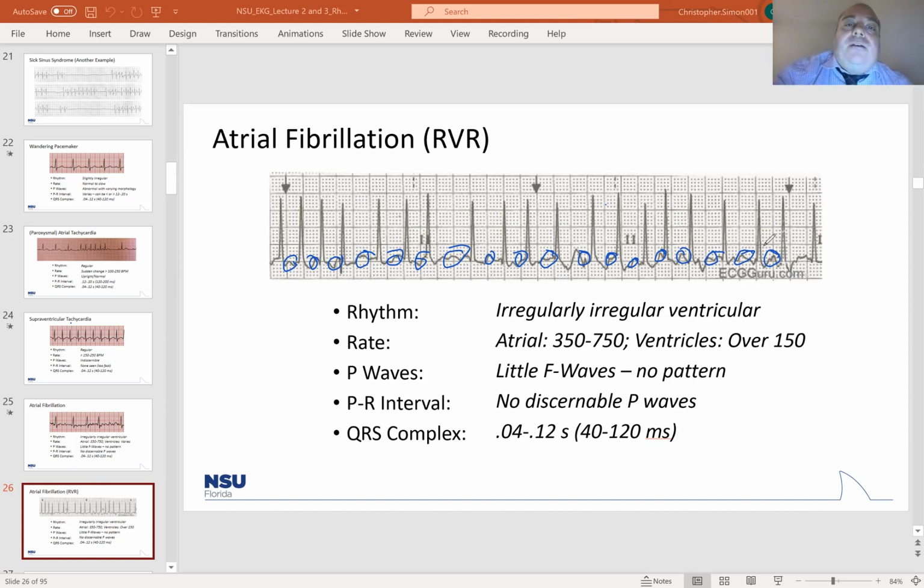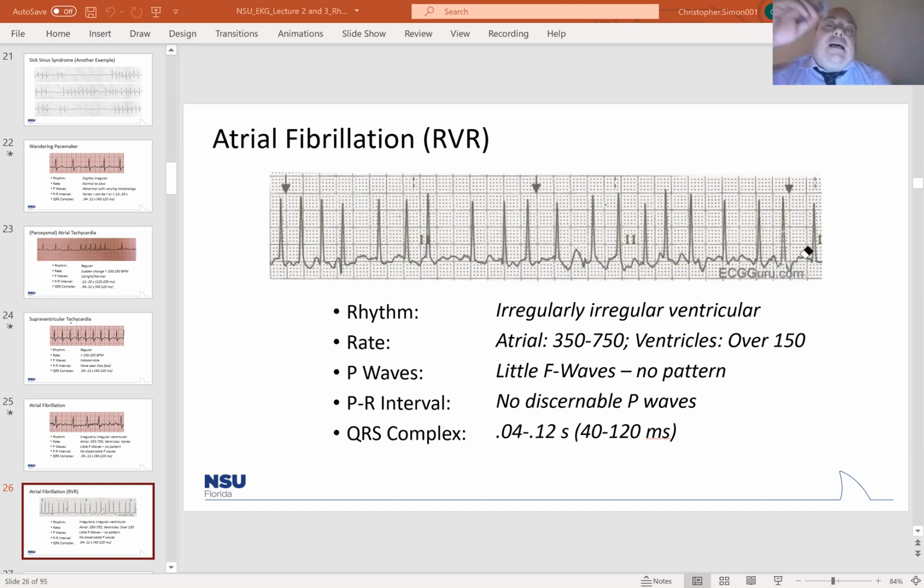So when you have all of this craziness going on, those aren't P waves. Those are fibrillations, fibrillating atriums. They're depolarizations coming out of the atrium that are not in any organized fashion.